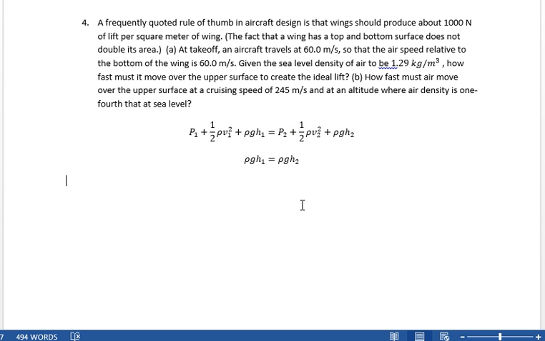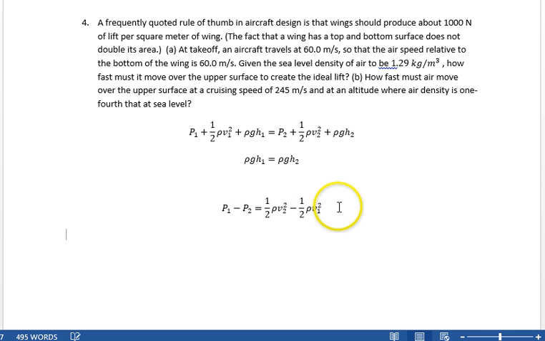All right. Well, I'm going to rewrite this just a little bit as P1 minus P2 equals 1/2 rho V2 squared minus 1/2 rho V1 squared.